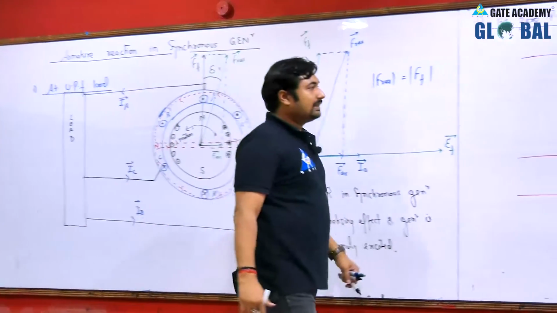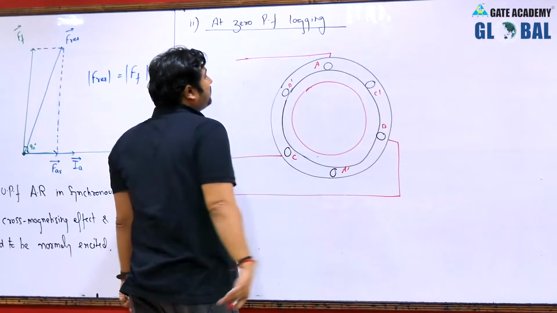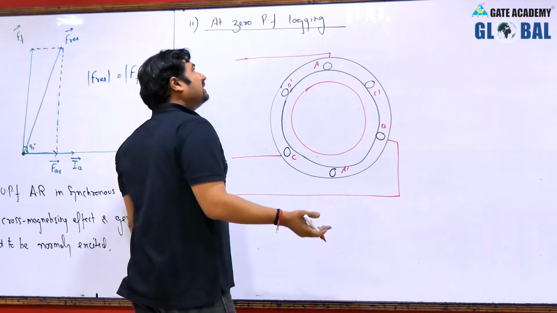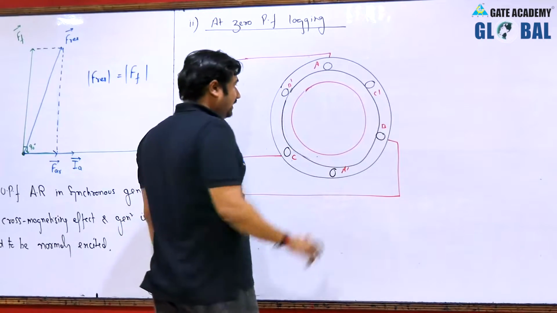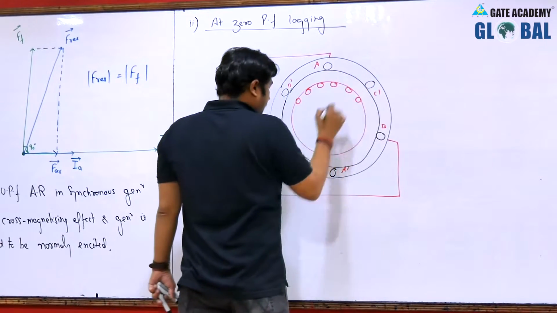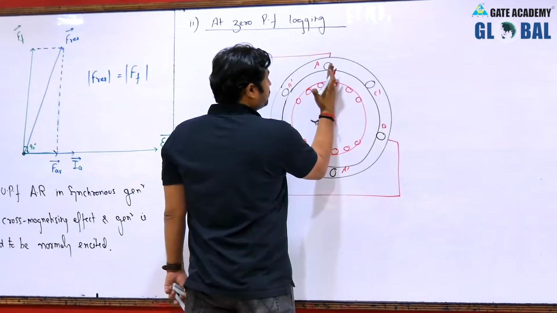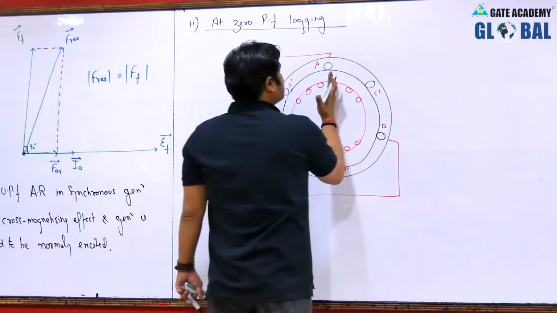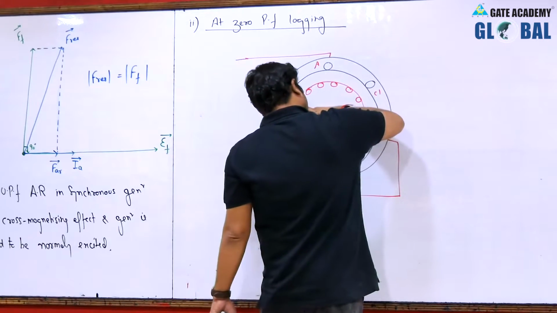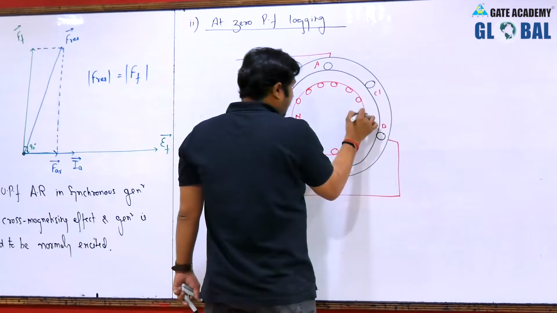So you can say, sir, whenever you have to find the power factor at 0 power factor lagging, you provide a lead of 90 degrees to the field. The stator induced EMF occurs when the north is at this position, but the current flows as per the north polarity to be maximum when the pole position reaches this particular point.